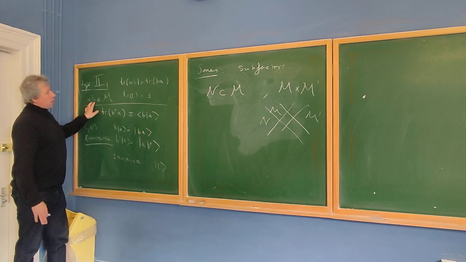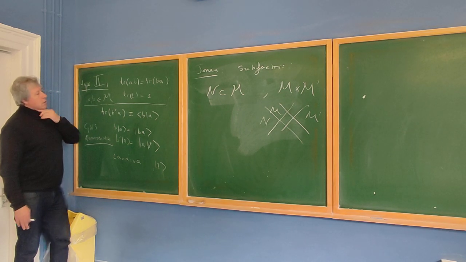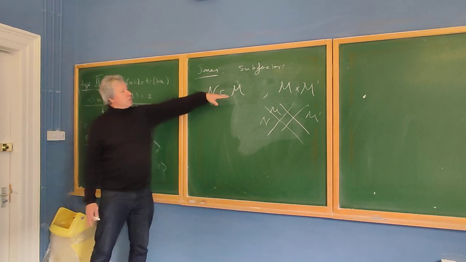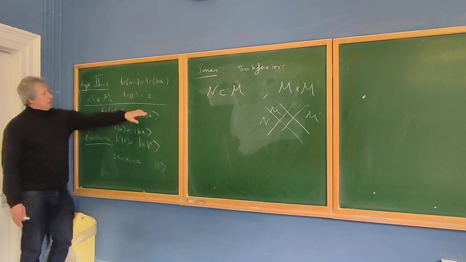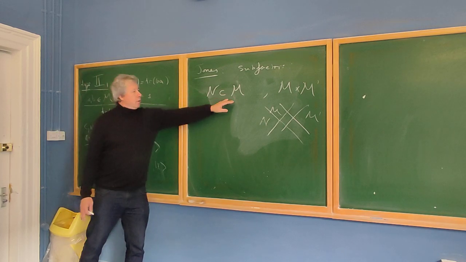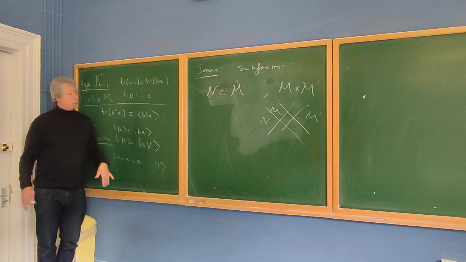But anyway, what he wanted to do is define projectors associated with these subvectors. So the algebra N is a subalgebra of M. It also means that as a vector space, it's a subvector space of the big one.